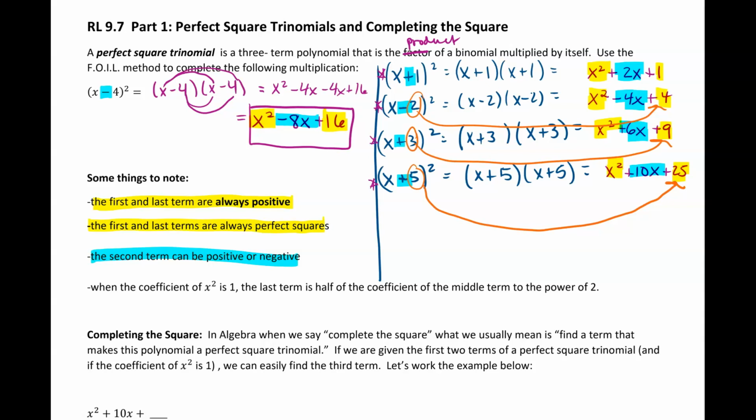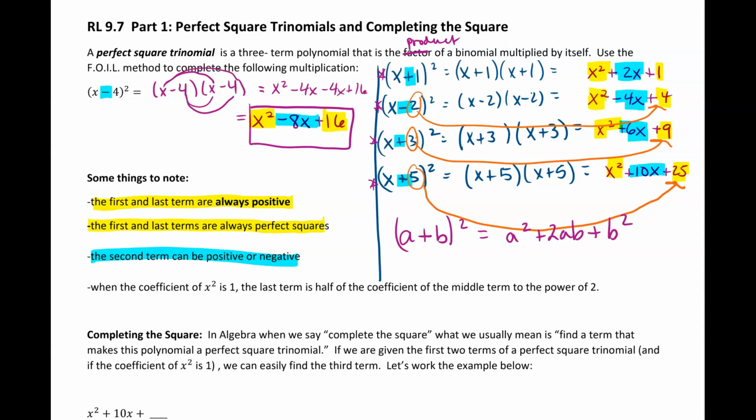So all perfect square trinomials could be written in the following form. So like if I had some binomial a plus b squared, I would get a squared plus 2ab plus b squared.